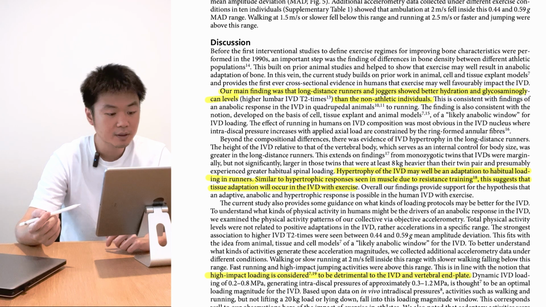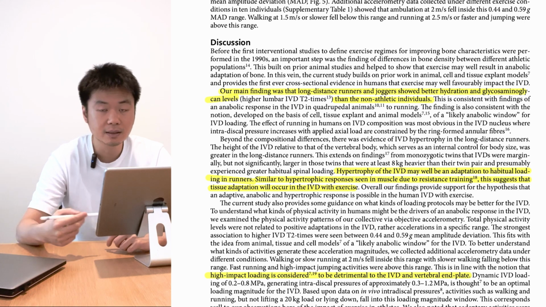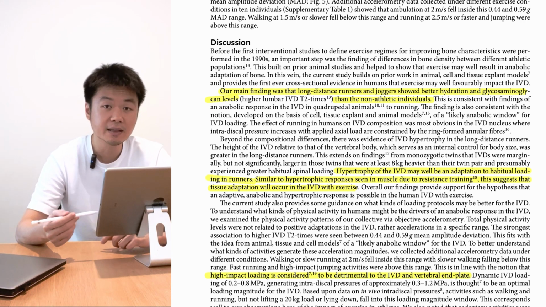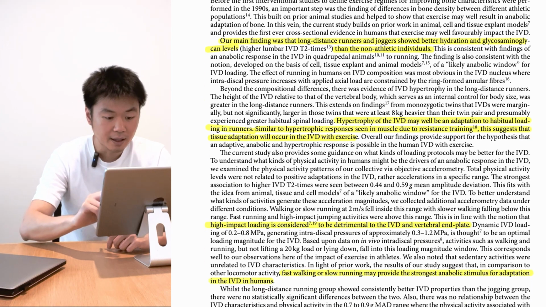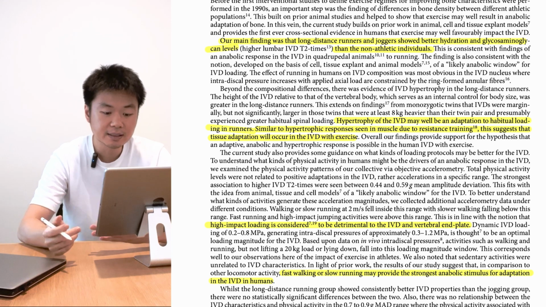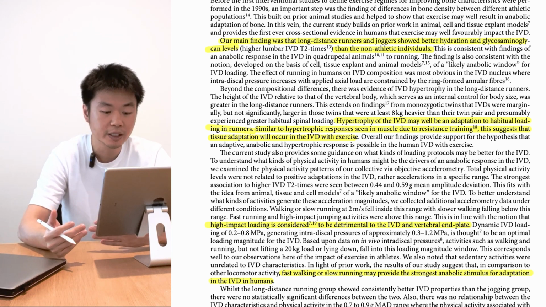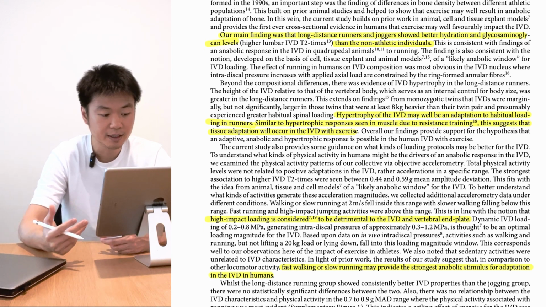So in this journal, the main finding is that long distance runners and joggers show better hydration of the disc compared to non-athletic individuals. And that hypertrophy of the disc can well be an adaptation to habitual loading in runners, similar to resistance training.